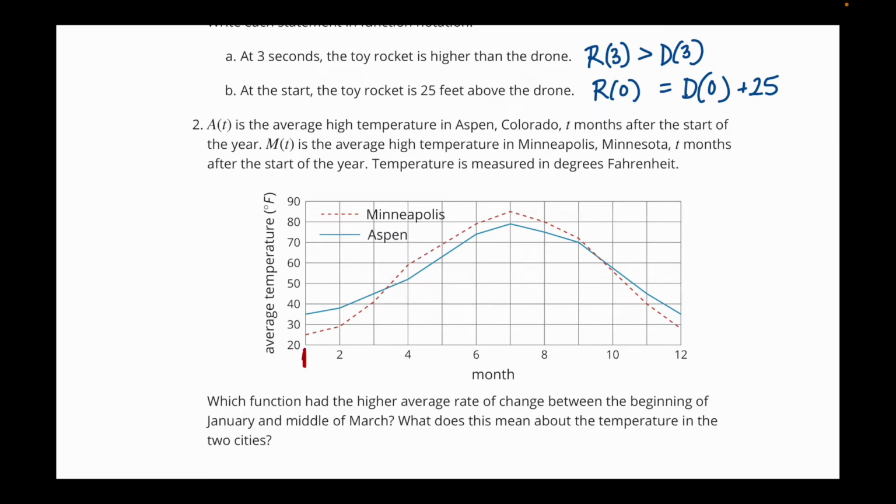And then the middle of March is not quite going to be at 3, because that would be when 3 months had passed, so T months after the start of the year, 2, 3, I would say 1.